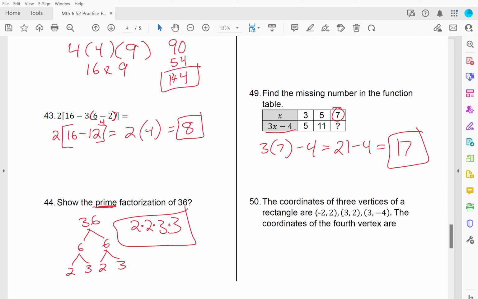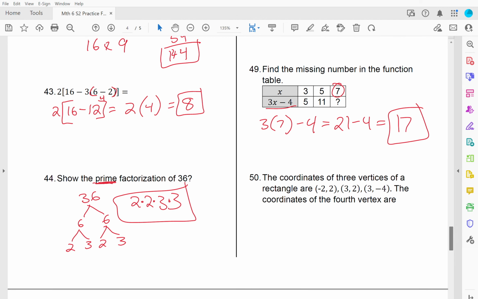Alright, now, this one you're going to need to graph yourself, most of you. Okay, so, negative 2, 2, 3, and 2, 3 and negative 4.